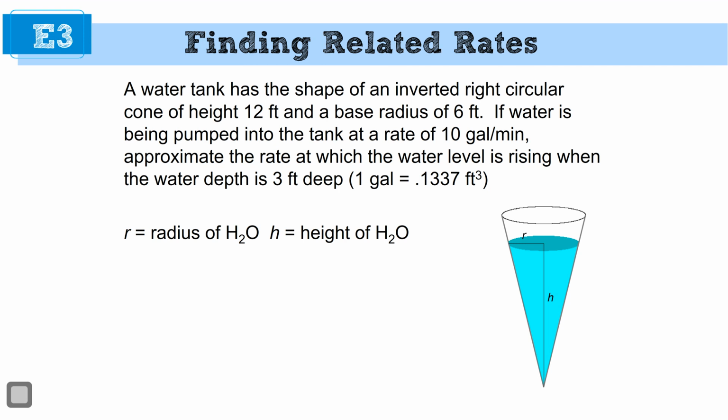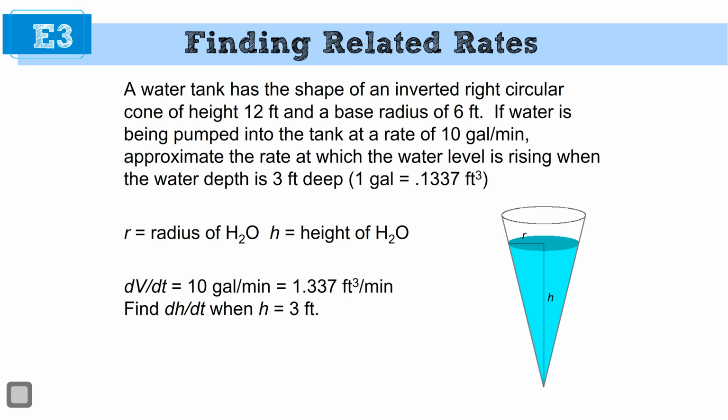The change in the height over time. And I want to know the change in the height, dH dt, when h is equal to 3. And notice I did the conversion there. 10 gallons per minute is the same thing as 1.337 cubic feet per minute. And we're looking for dH dt when h equals 3.